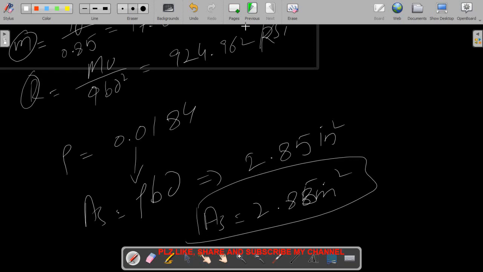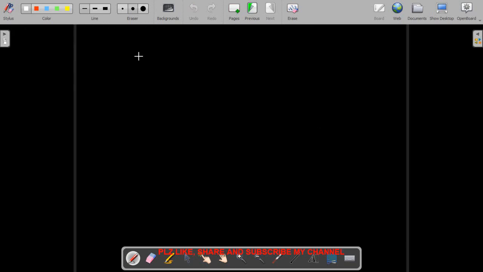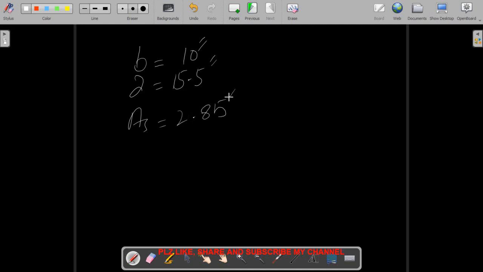So finally we got the b value, which is our requirement, right? My final value is 10 inch, my d is 15.5 inch, and my area of steel is 2.85. This is our requirement in this example, right?